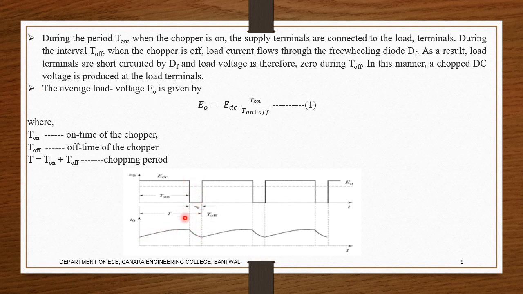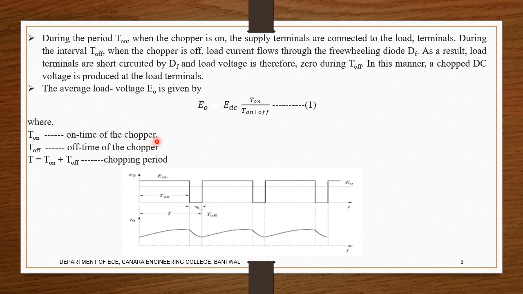We cannot set exactly the load voltage, because the inductor present there starts to discharge and provides the energy stored there. You can observe the load voltage and current here. The current of the inductor starts to discharge, so a small amount of voltage is added. That is given by E0 equals EDC into T on by T on plus T off.